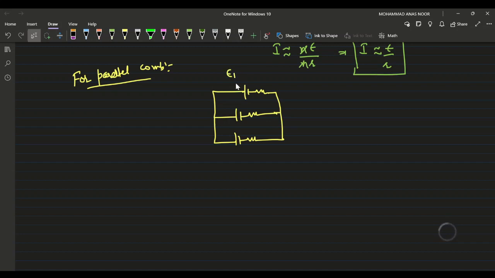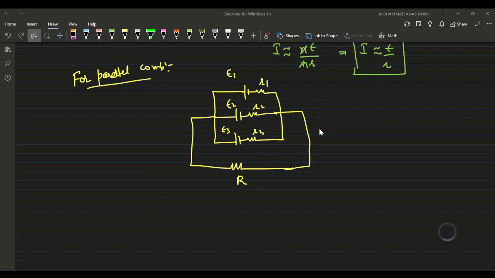E1, E2, E3, R1, R2, R3 connected to a load, capital R. So for parallel combination, we know that in parallel the voltage remains the same.